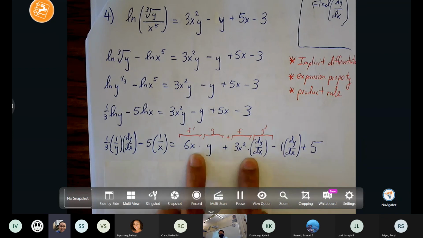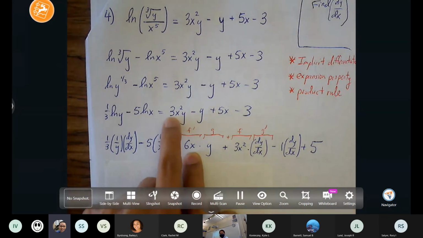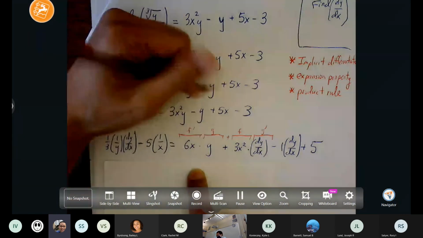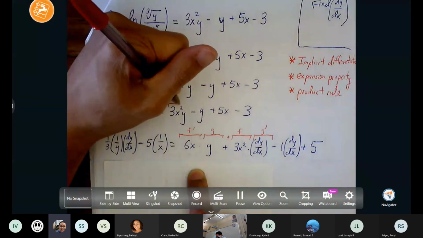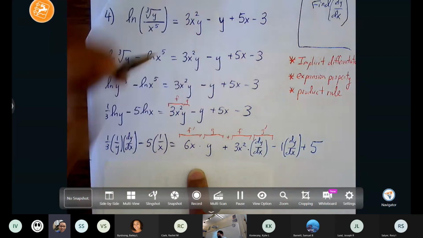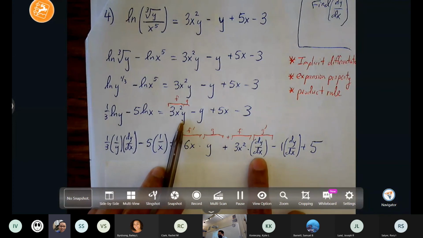Okay, product rule here, right? F prime g plus f g prime. When we get to g prime, y becomes dy dx.